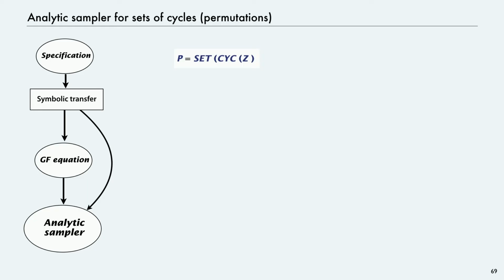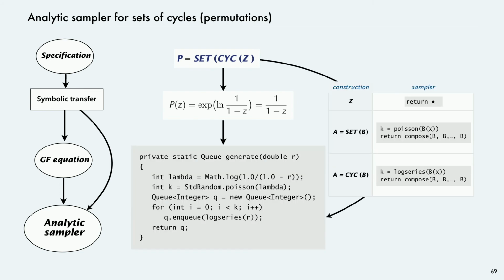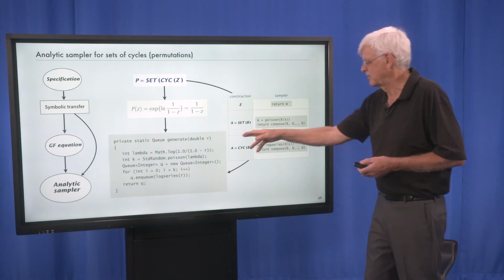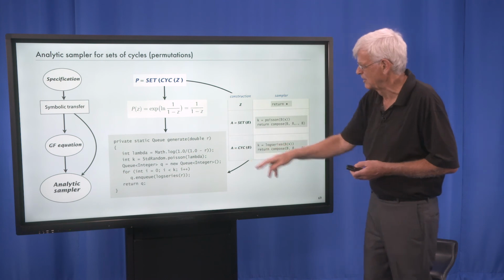So, for example, a permutation is a set of cycles, and that, again, is one of our classical examples of analytic combinatorics from Lecture 5 of Analysis of Algorithms, and immediately puts forth this sampler where we generate a queue that contains cycles. And how do we get it? We do a Poisson with a value that's derived from the generating function.